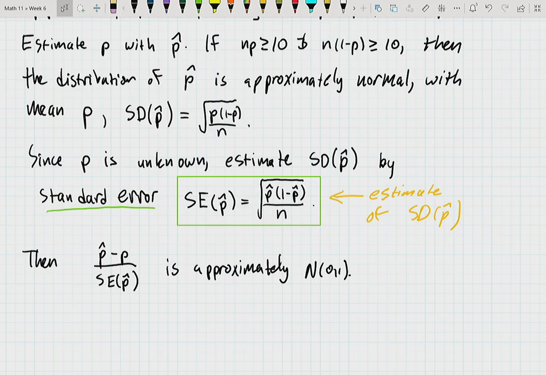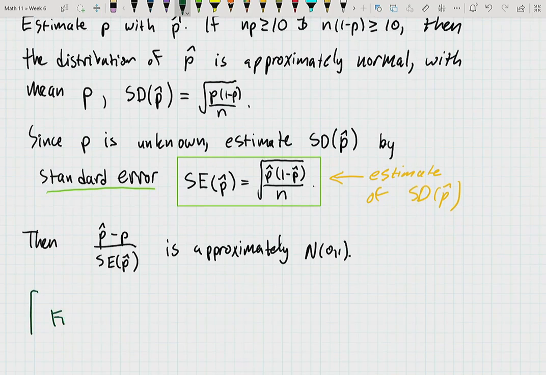All right. Remember the 68, 95, 99.7 rule? Here, let me just point this out in an example. From the 68, 95, 99.7 rule, what did that say?